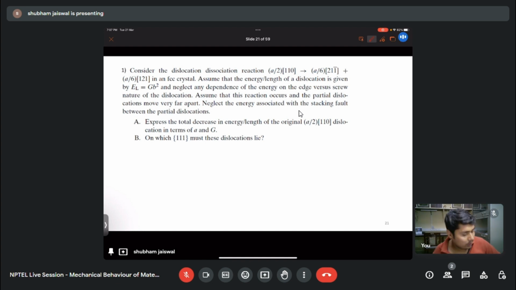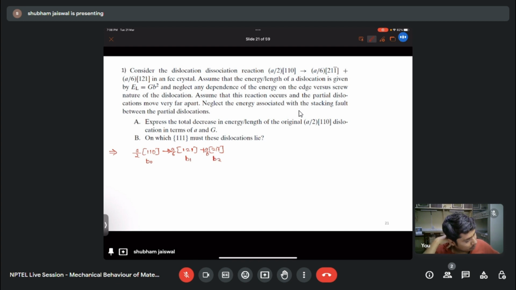So what they have given is that dislocation a/2 [110] dissociates into two dislocations, that is a/6 [121] plus a/6 [211 bar]. Okay. Let's say this is b0, this is b1, and this is b2.